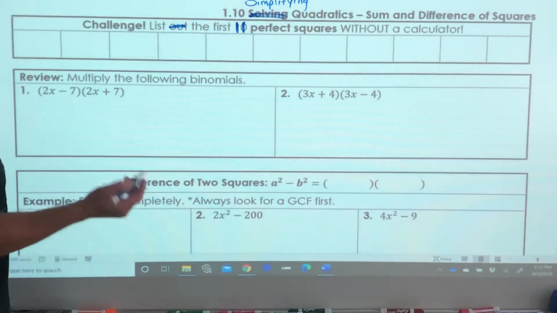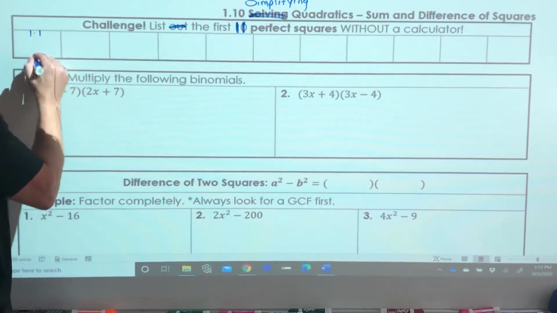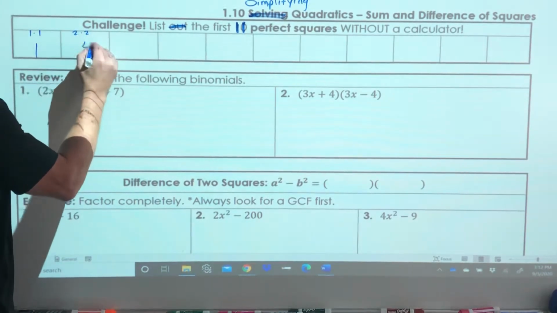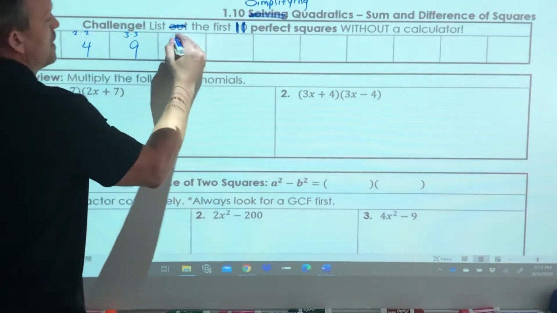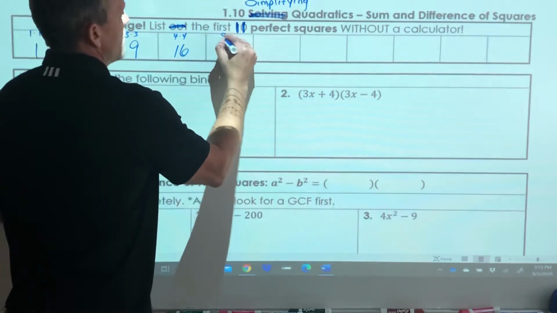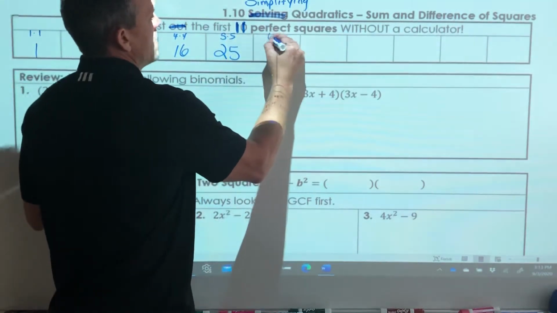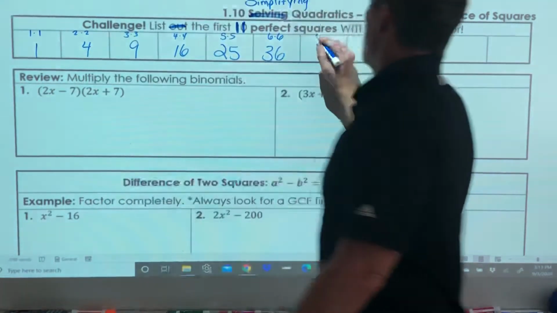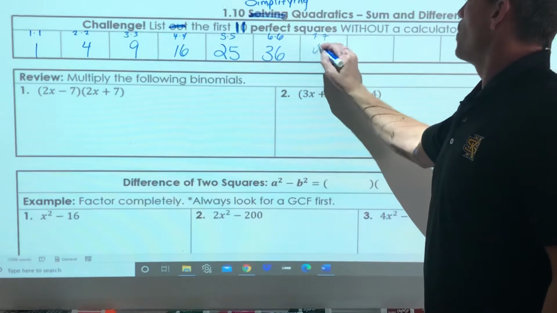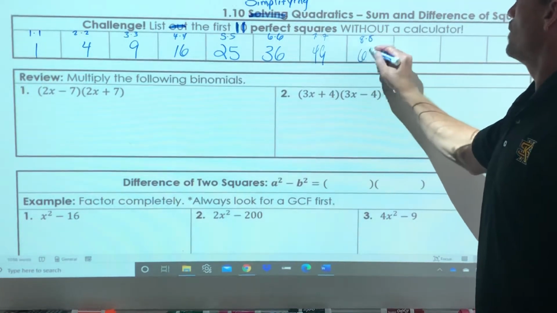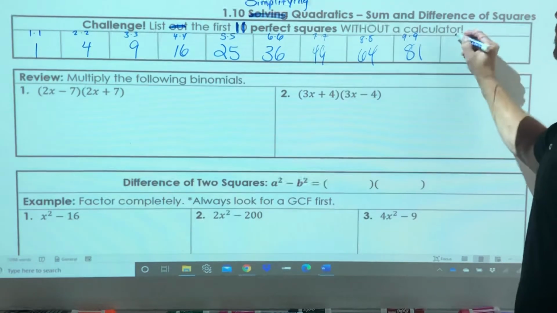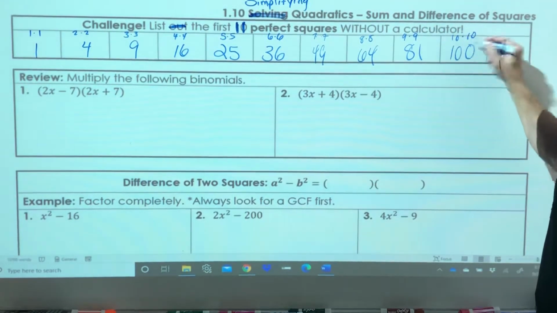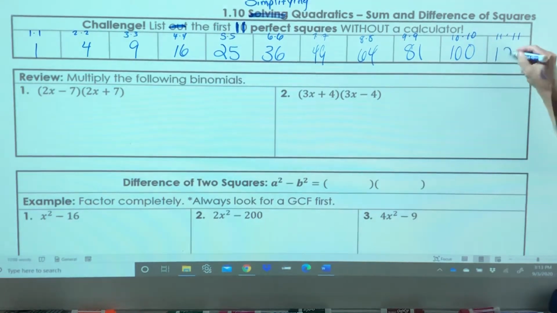To find the perfect squares, you multiply the number by itself. 1 times 1 is 1, 2 times 2 is 4, 3 times 3 is 9, 4 times 4 is 16, 5 times 5 is 25, 6 times 6 is 36, 7 times 7 is 49, 8 times 8 is 64, 9 times 9 is 81, 10 times 10 is 100, and 11 times 11 is 121.